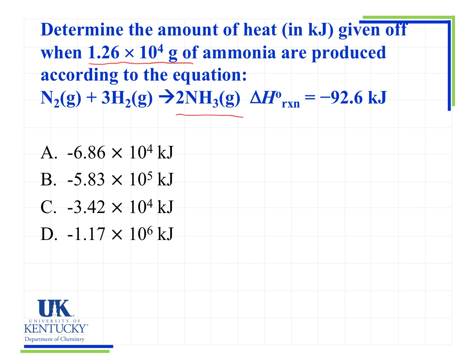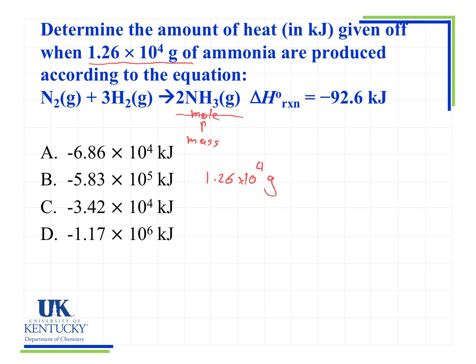So we start with the given information, right? The information we have is the mass of ammonia. So the mass of ammonia is 1.26 times 10 to the 4 gram. What you've learned in stoichiometry was that when we have mass, we always have to go to the mole to use the mole bridge.